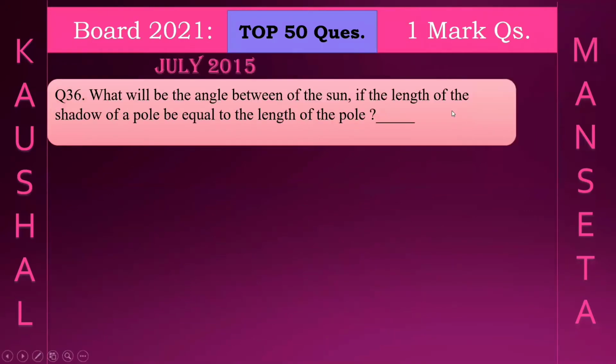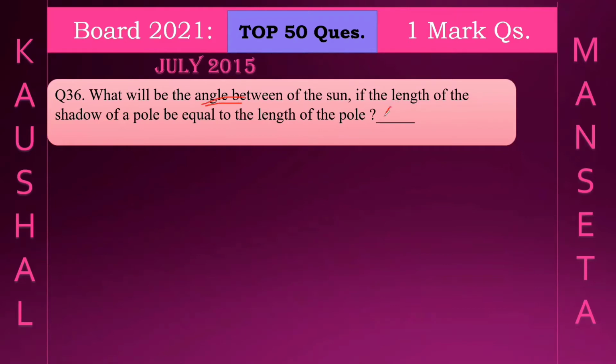Next, number 36. What will be the angle of the sun if the length of the shadow of a pole is equal to the length of the pole? Whenever the shadow and the length of the pole are equal, it's a very important question. The angle will be 45 degrees.